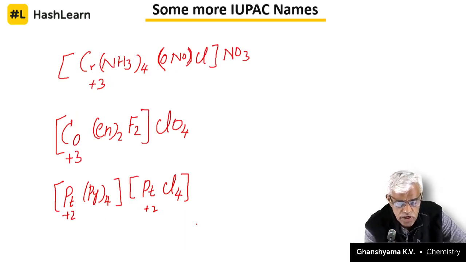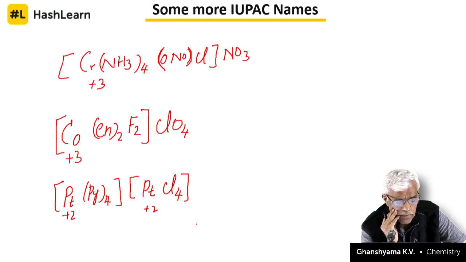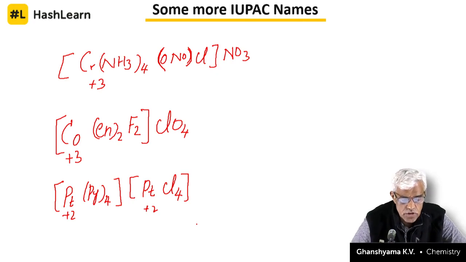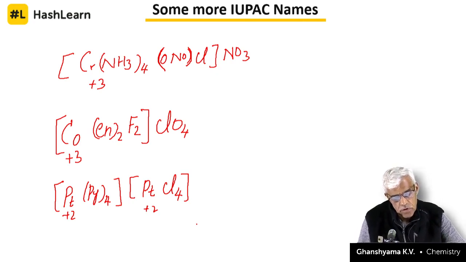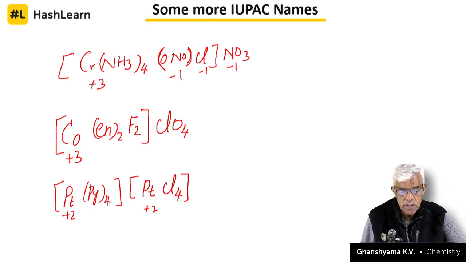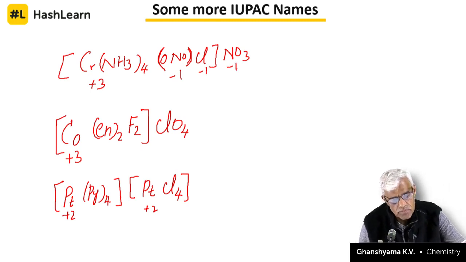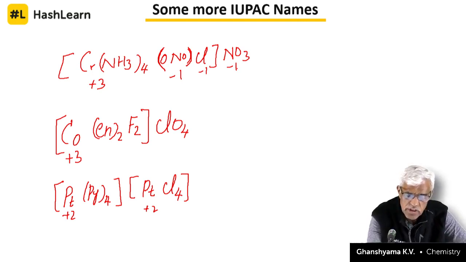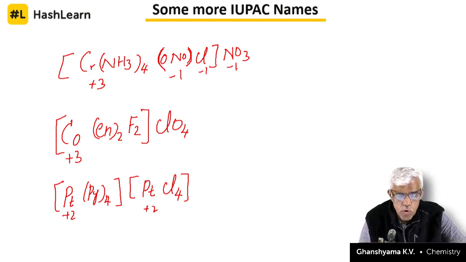Next, here is one heteroleptic complex. Again calculate the oxidation state. This is +3, which means this is -1, this is -1, this is -1. Therefore this is nitrito O, NO2.